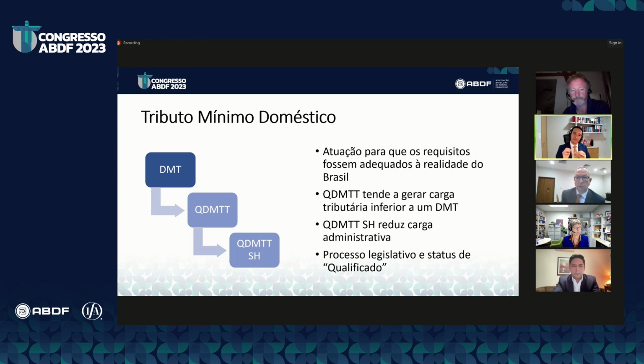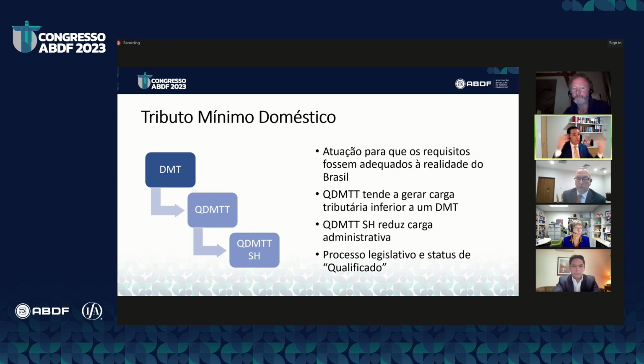E no QDMTT Safe Harbor, uma abertura para que as entidades que, no contexto do Brasil, adotam o lucro presumido possam se enquadrar no Safe Harbor. Nós sabemos que, na realidade brasileira, as entidades que apuram o imposto sobre a renda adotando o lucro presumido são dispensadas para fins fiscais de manter contabilidade.